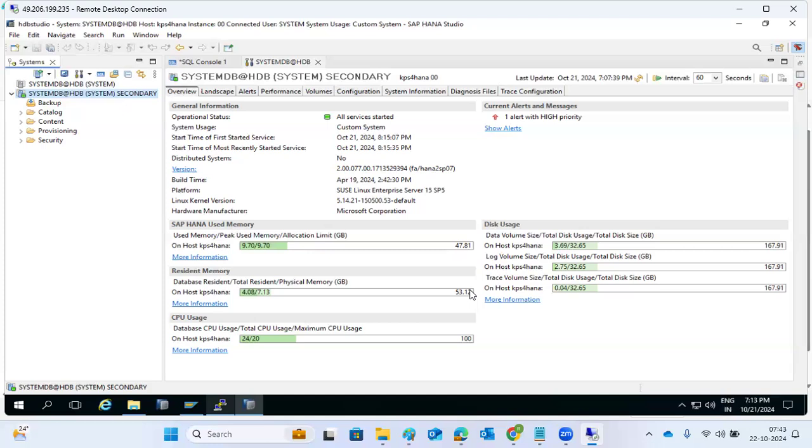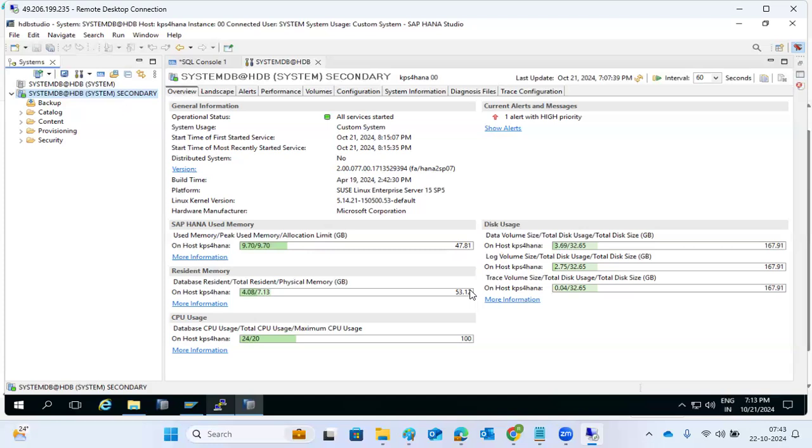When the 100 GB limit is over, what will happen? Your system will be locked, means the system will not accept any data, because your license limit is over. So HANA will be locked from the operations. Again, you need to renew the license, we need to extend the license. Those things we have to perform.